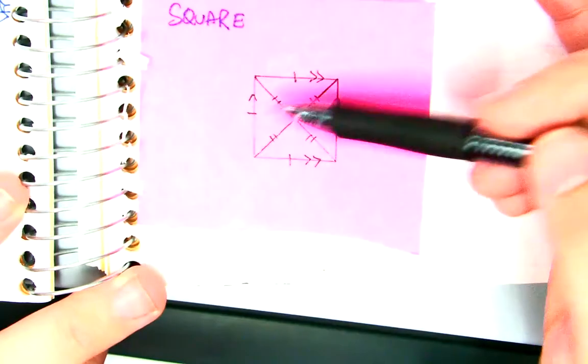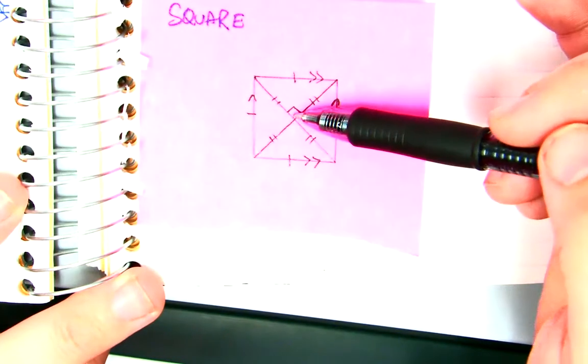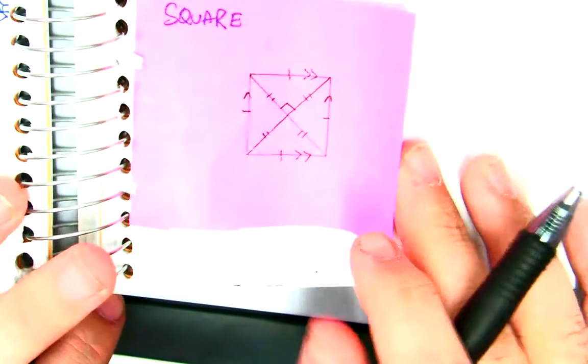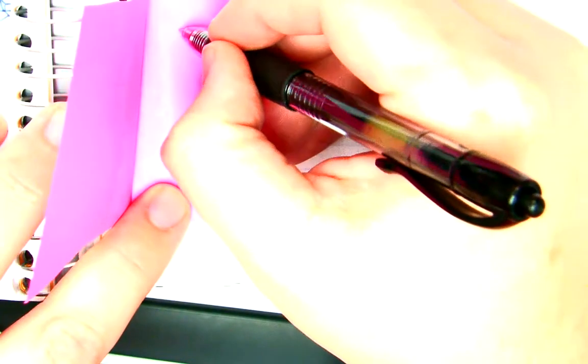The square has opposite sides congruent, diagonals are equal, diagonals are perpendicular, all sides are equal.